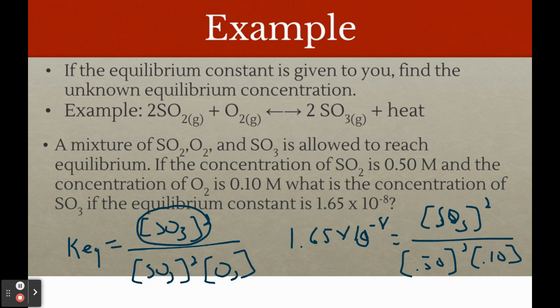And now we have to solve for the concentration of SO3.